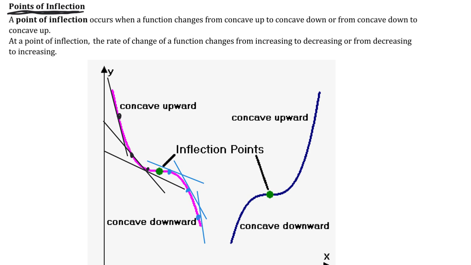I went from being concave up because I was increasing my slope to concave down because I was decreasing my slope. So that's what point of inflection means. Your rate of change has gone from either increasing to decreasing or from decreasing to increasing. Your graph went from concave up to concave down or concave down to concave up.